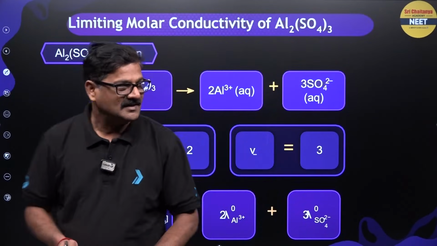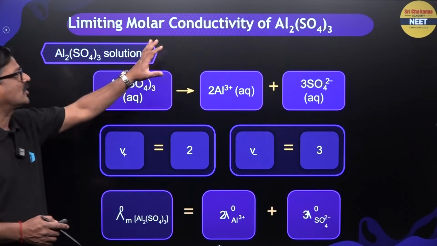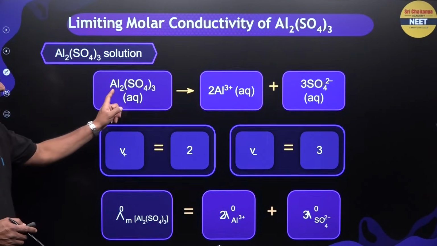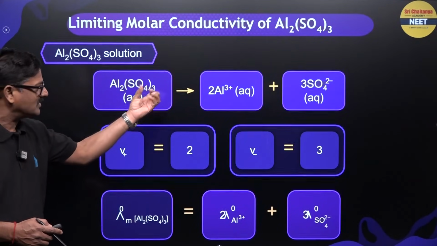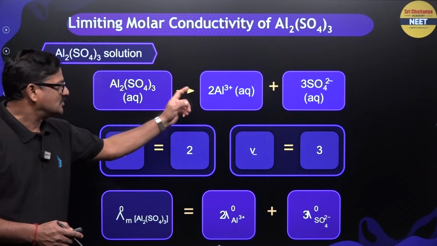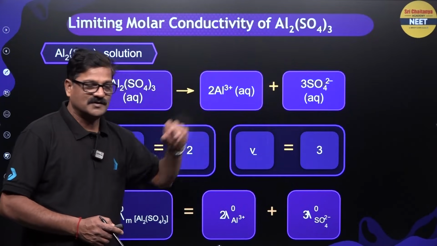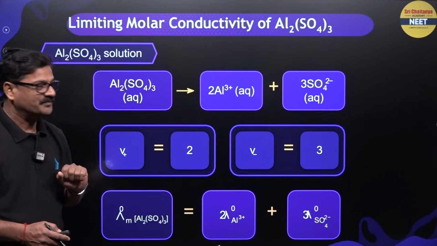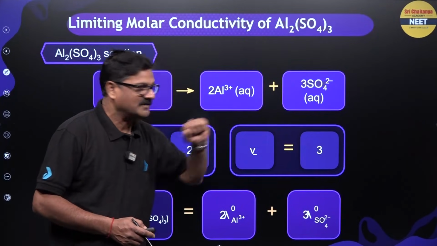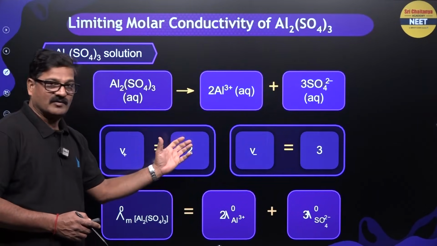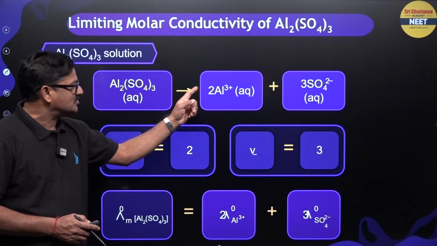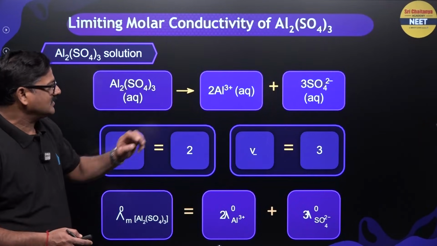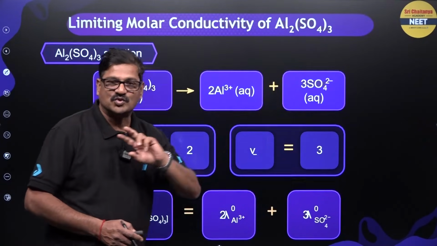And moving ahead, Al2(SO4)3 solution is given, and the limiting molar conductivity of Al2(SO4)3 is given. Al2(SO4)3 is completely ionized into 2 Al3+ and 3 SO4 2-. The valency factor is 3 for aluminum and 2 for sulfate: 2 ions carry 3 charges and 3 ions carry 2 charges.